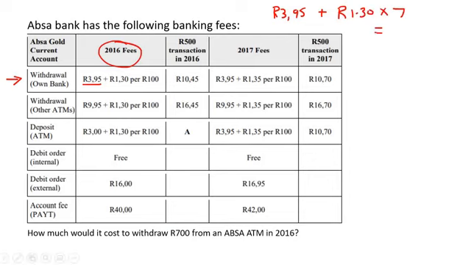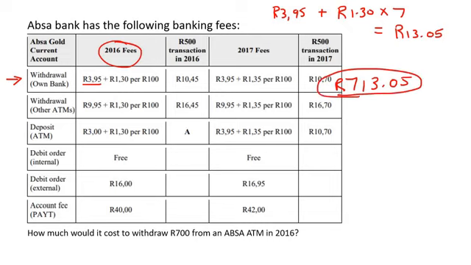And if you had to calculate this, you end up with 13 Rand and 5 cents. So if you withdraw 700 Rand, you're actually going to pay 713 Rand and 5 cents. That's pretty crazy. You wanted 700 Rand, they're going to give you 700 Rand, but on your bank statement, you're going to realize you've actually been charged an extra 13 Rand because of the fees.